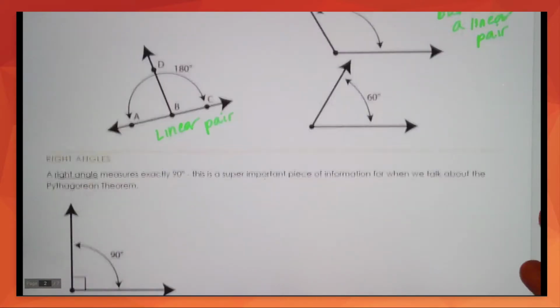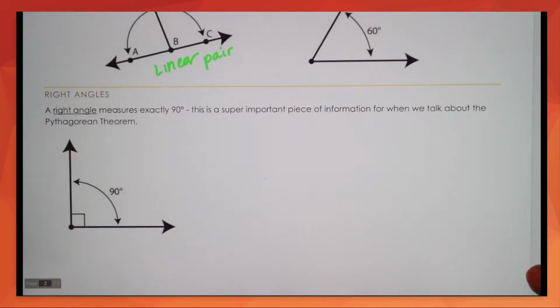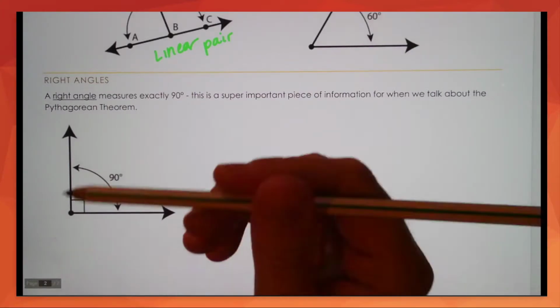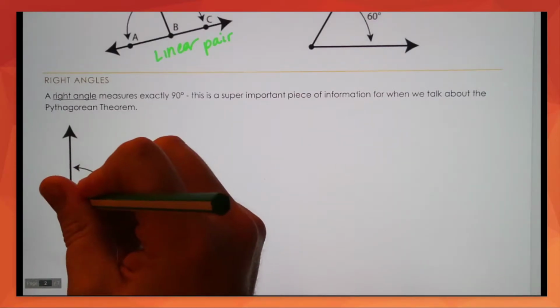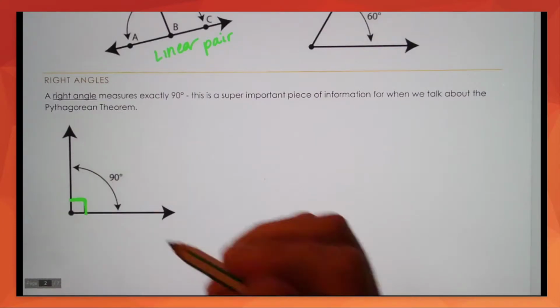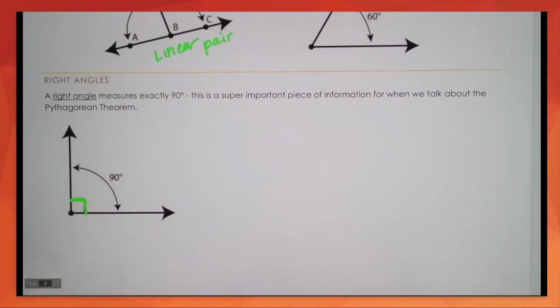We have another concept here which takes it a little bit smaller scale. We have a concept called a right angle. Right angles measure exactly 90 degrees, not any more or less than that. And in a right angle, you will see this little square icon that's drawn at the angle.